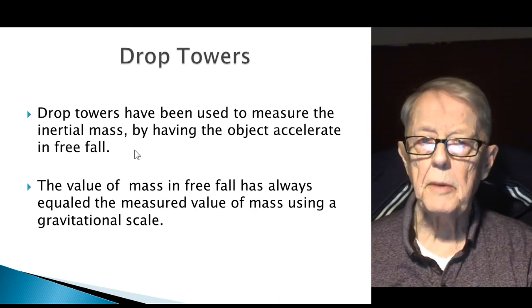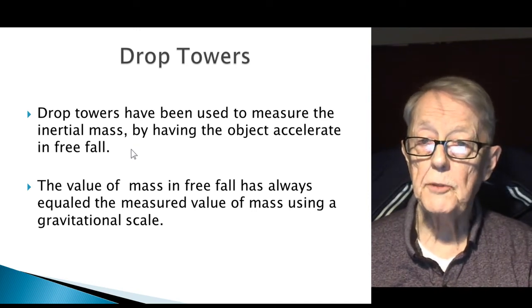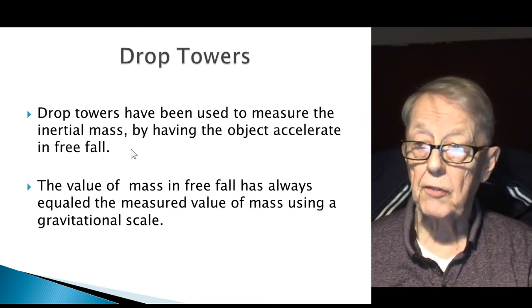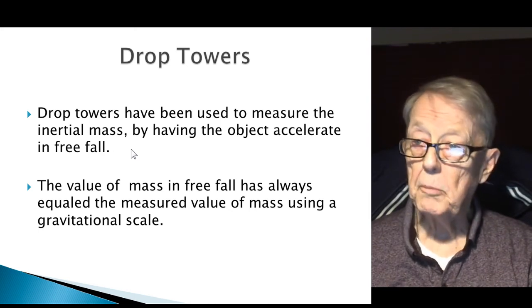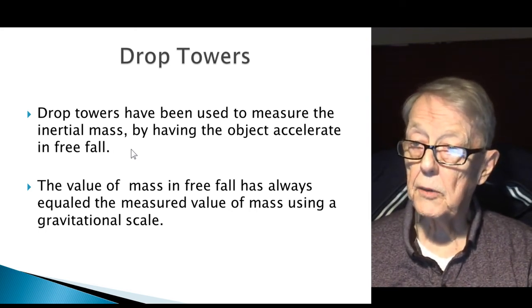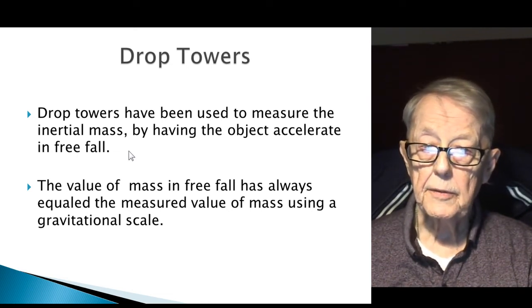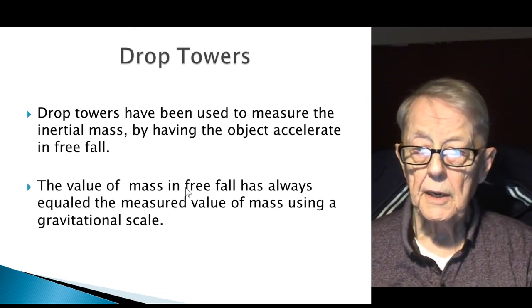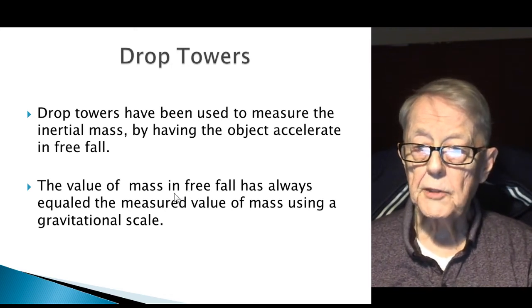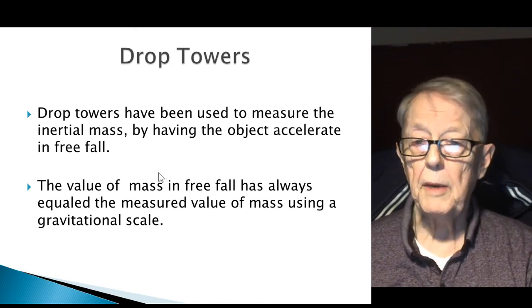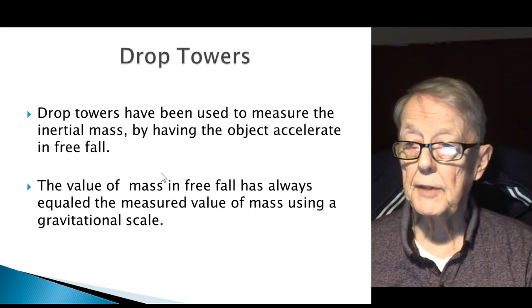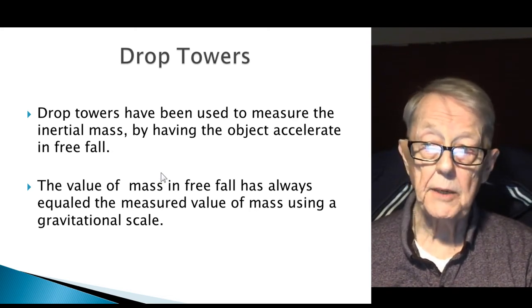They have been used to measure inertial mass, having objects accelerate in free fall. By so doing, you measure the acceleration, and you get the mass, and that value of mass in free fall is always equal to the measured value of mass using a gravitational scale. It's always been equal.